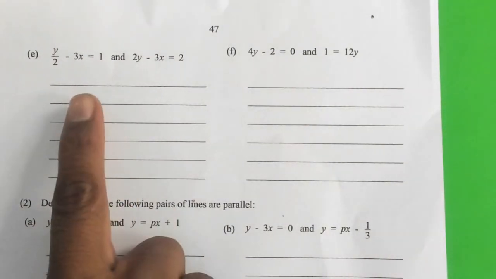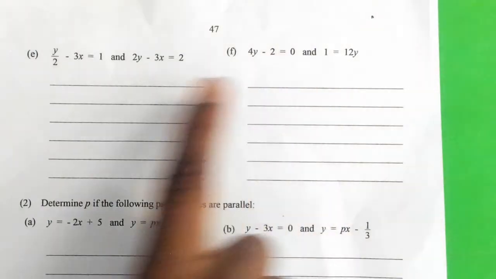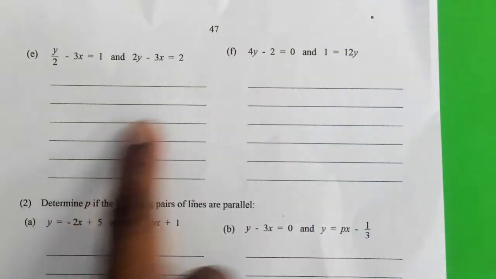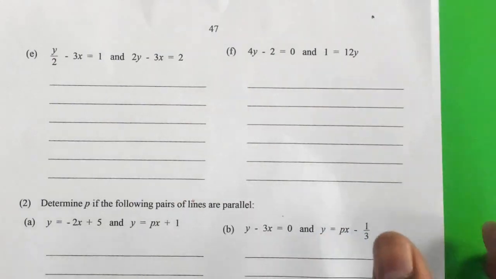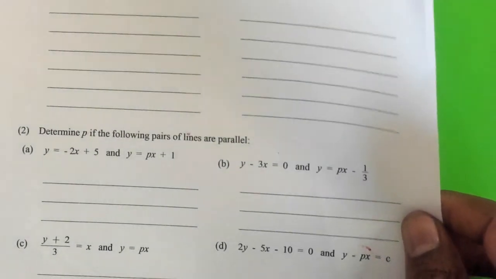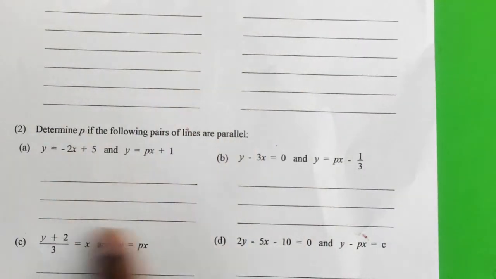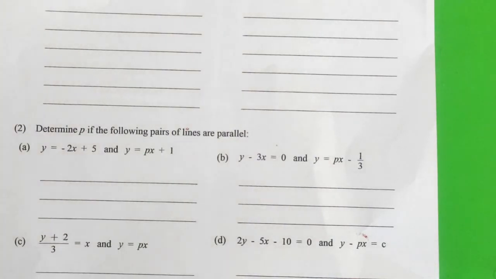And page 47 is exactly the same. Write in standard form and write your conclusion. Then go to Exercise 2, which is exactly the same concept, but let me do one for you just to show you.